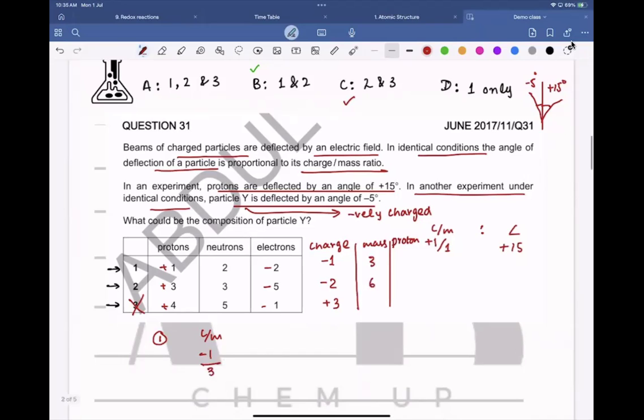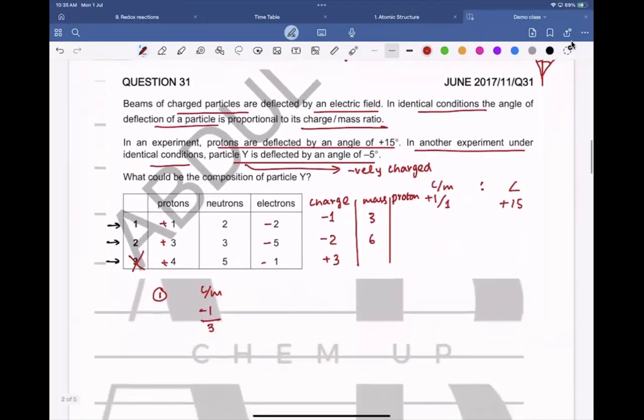So I know its charge to mass ratio, but I don't know its angle of deflection, isn't it? Yes, sir. But I take the ratio that if the charge to mass ratio is positive 1, then the angle of deflection is positive 15. Now, if you calculate x, cross multiply, you will get the value of x. It's negative 5.